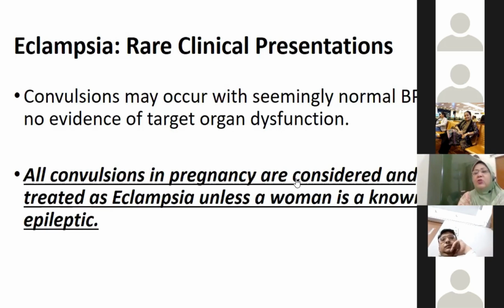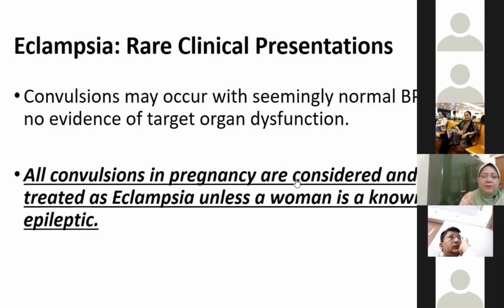Unless you know that she is an already eclamptic woman, then only you will give her phenytoin. It has the best safety profile and it is the most effective drug in controlling convulsions of preeclampsia, eclampsia.